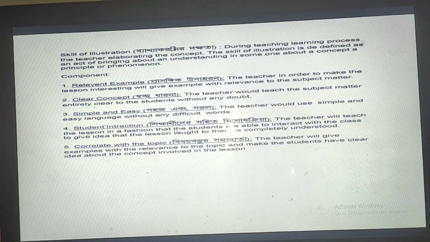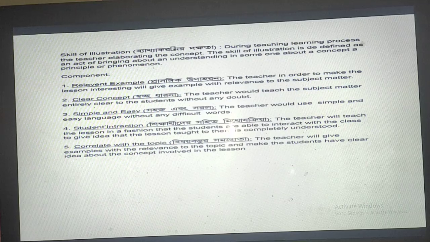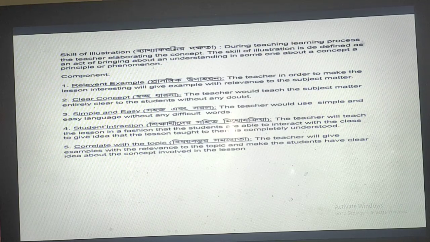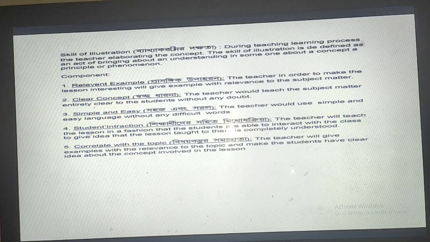Now the last skill is the skill of illustration. This is also a very important skill. During the teaching-learning process, the teacher elaborates or illustrates their topic. Relevant example: when the teaching is going on elaborately or illustratively, the teacher should mention some examples relevant to their topic.